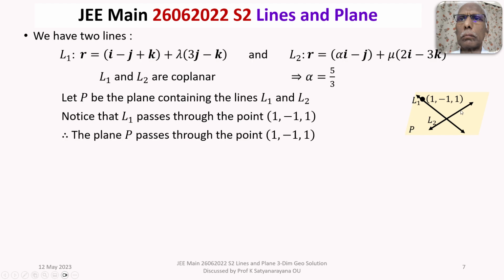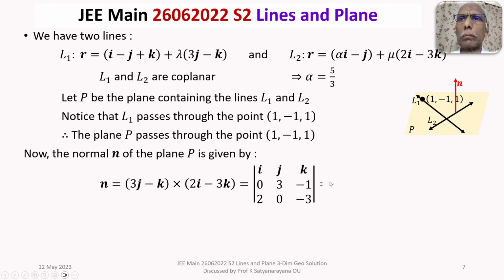Now we will find the normal to this plane. Normal to the plane P containing these L1 and L2. Notice that the normal n of the plane P is given by n = b cross d.